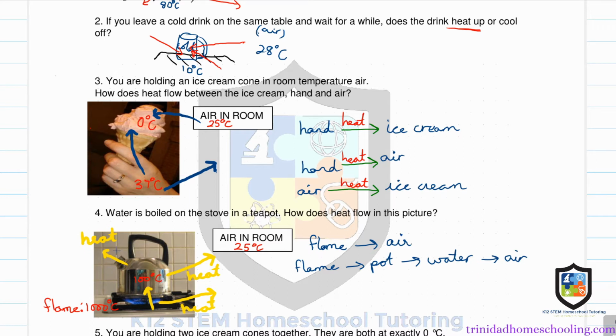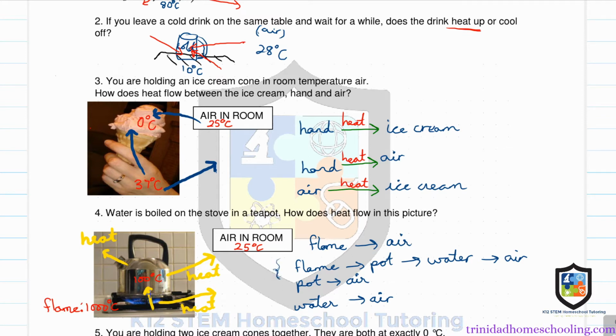So from the water to the air through this opening here. And then we have from the pot to the air, and we have from the water to the air. Okay, so this one here is a complete pathway from the flame to the pot.